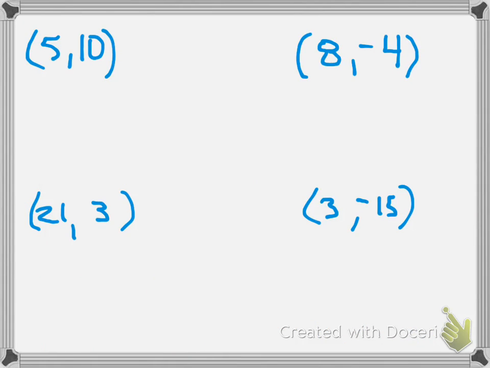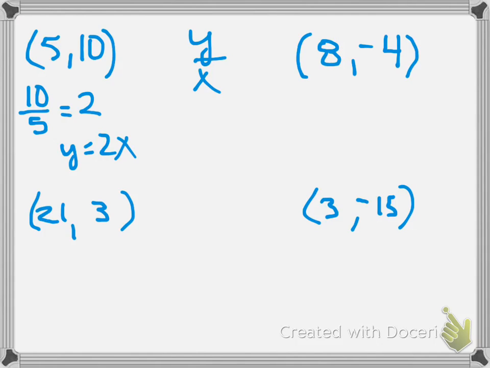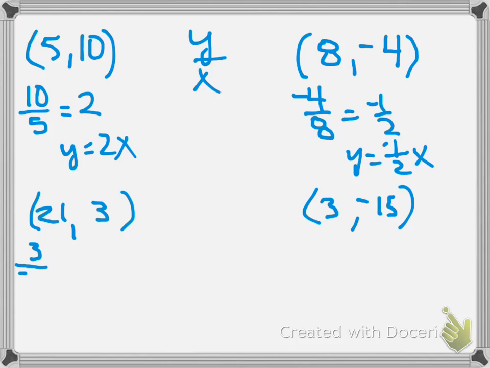Okay, and then finally, you can find a direct variation just given any point. Like here, again, keep in mind we're doing the y divided by x. 10 divided by 5 is equal to 2. So that means this is y is equal to 2x. Negative 4 divided by 8 is equal to negative 1/2. So that means this direct variation equation is negative 1/2 x. 3 divided by 21 is equal to 1/7.